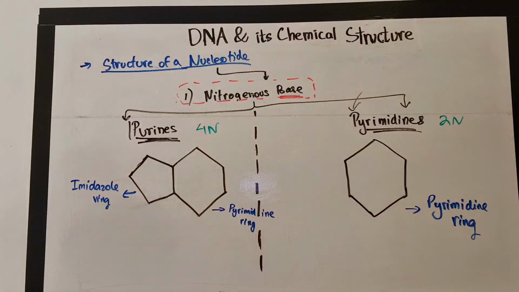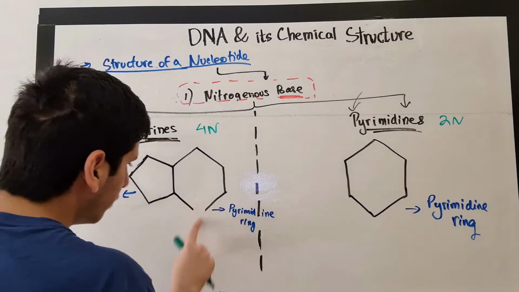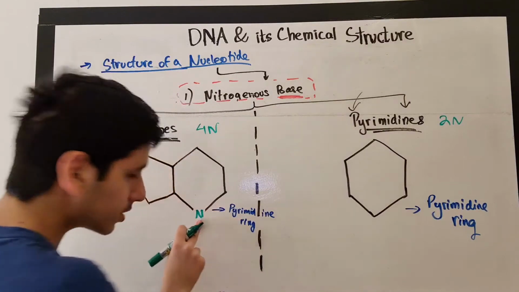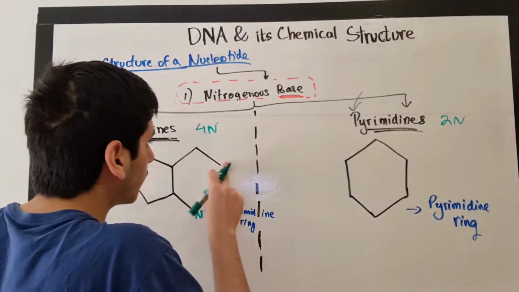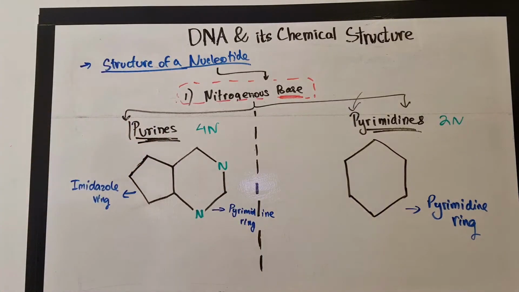Well, it's quite simple, because for a purine, in the pyrimidine ring, you have a nitrogen atom in this position at the bottom and the position over here in the upper half. Okay? And so that's the position of the nitrogen atoms in the pyrimidine ring.